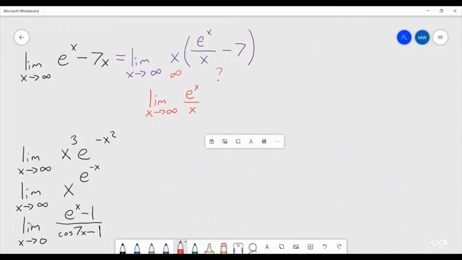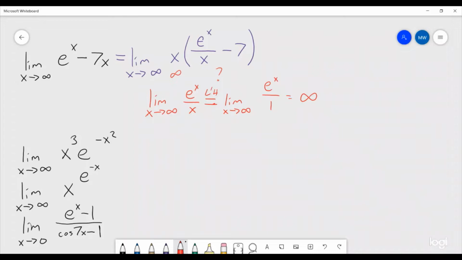Well, this is infinity over infinity, so we can use L'Hopital's rule. And we get the limit as x goes to infinity of e to the x over 1. So this is equal to infinity.